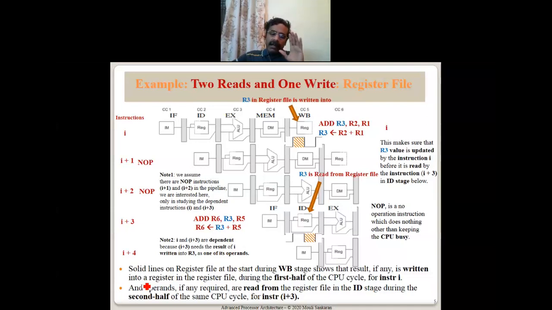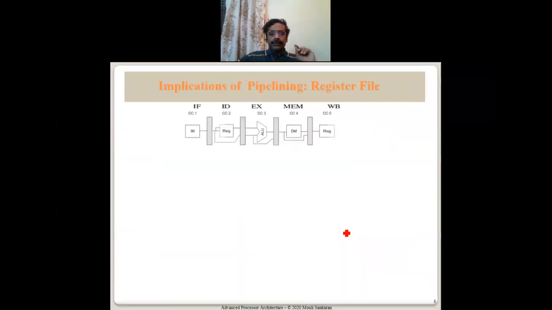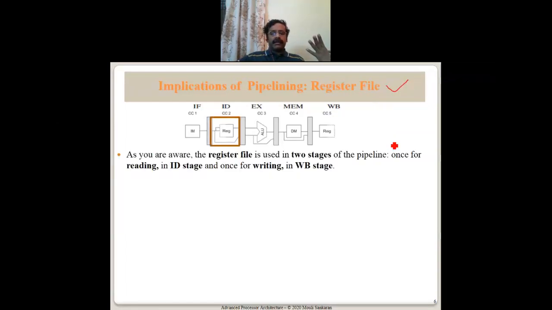So it has been already implemented in the hardware so that we can achieve what we want during the execution of an instruction. So this clearly explains it to you. Now I will talk about the implications of the register file.